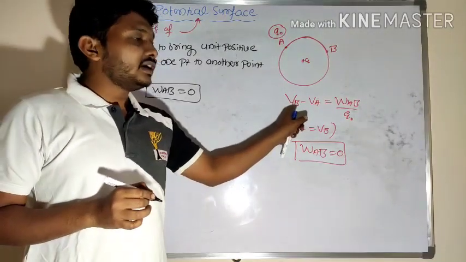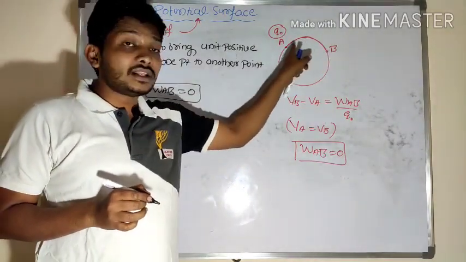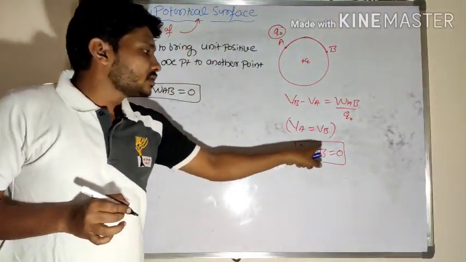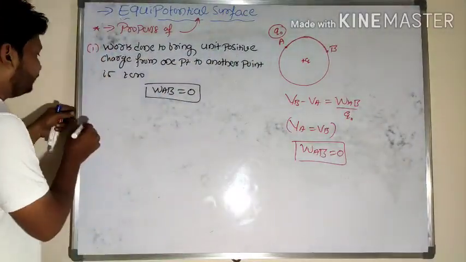Why? Because the potential difference is 0. There is no difference in potential between two points on an equipotential surface, so the work done becomes 0.